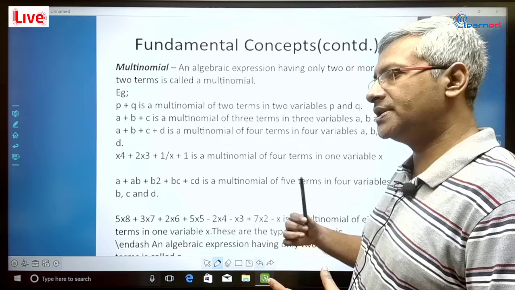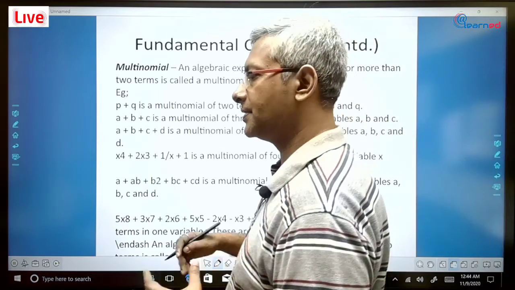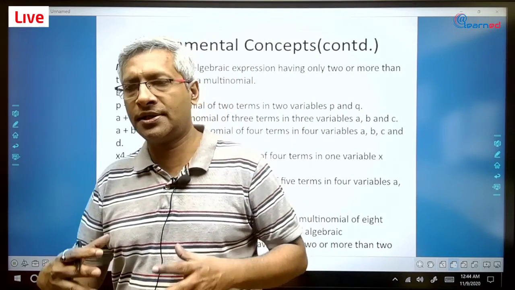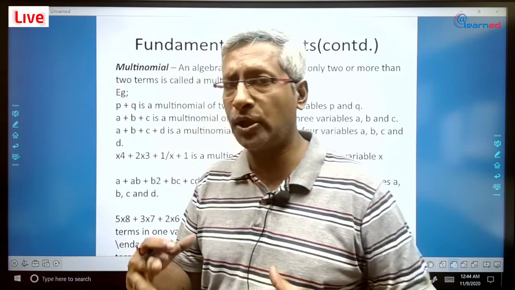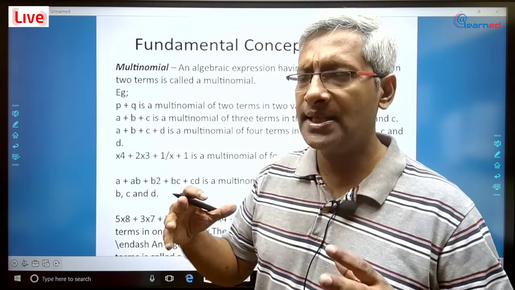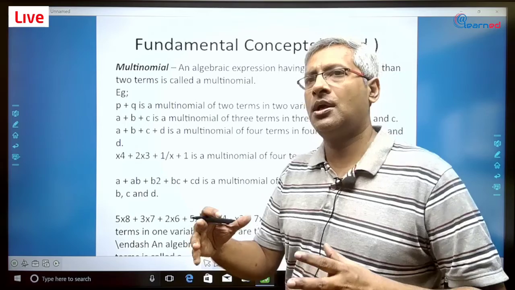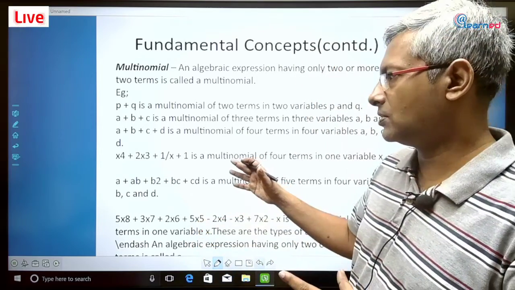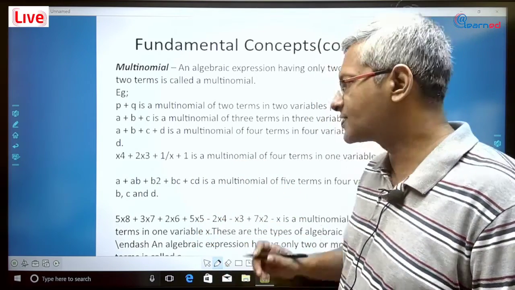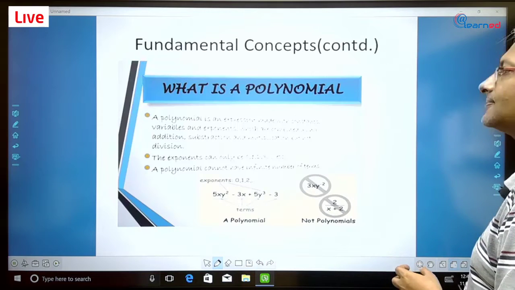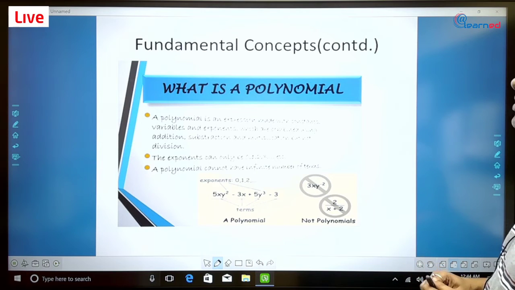Now we will go into another section, which is called a polynomial. A polynomial is slightly different from what we have generalized till now. What is a polynomial?